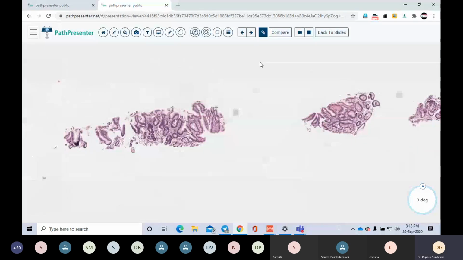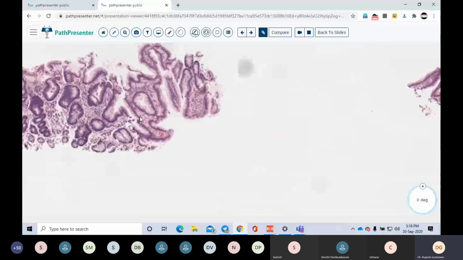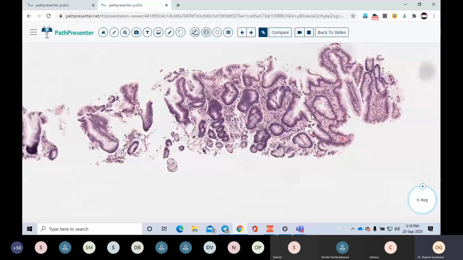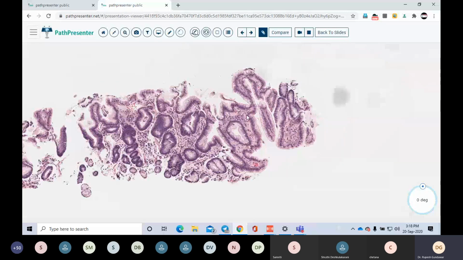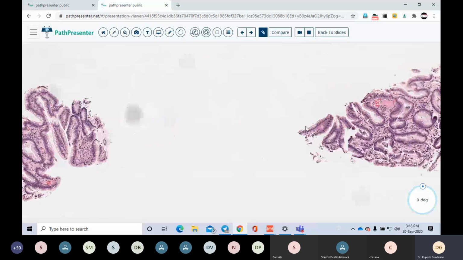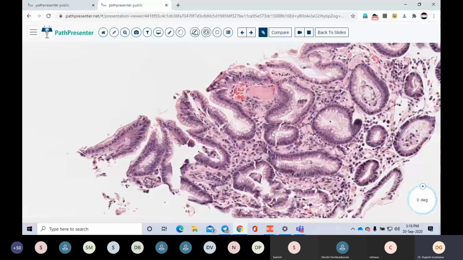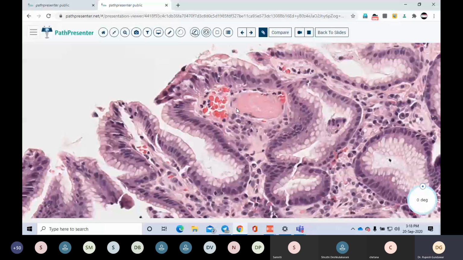In our case, I shared 12 cases in the digital set. This one more case was there. This was the case of gastric biopsy. I just want to cover those cases. Overall a normal looking biopsy, but when a biopsy looks normal, you should also give more attention to your lamina propria. Now in this, you can see a thrombus, the fibrin within the vessel.